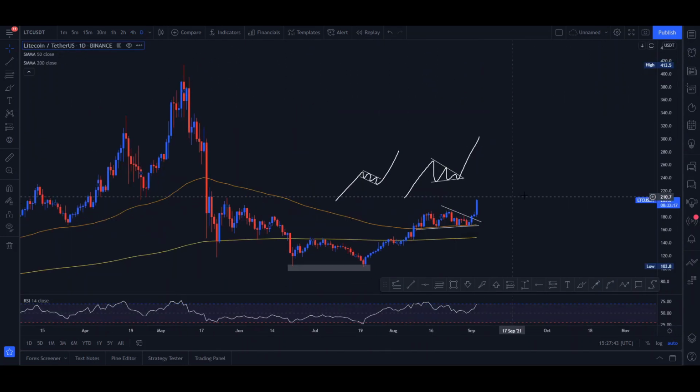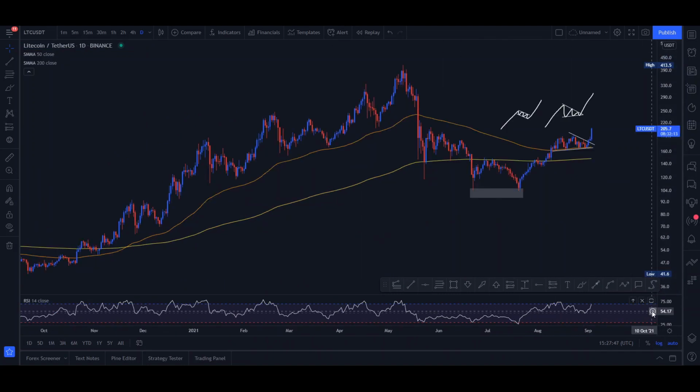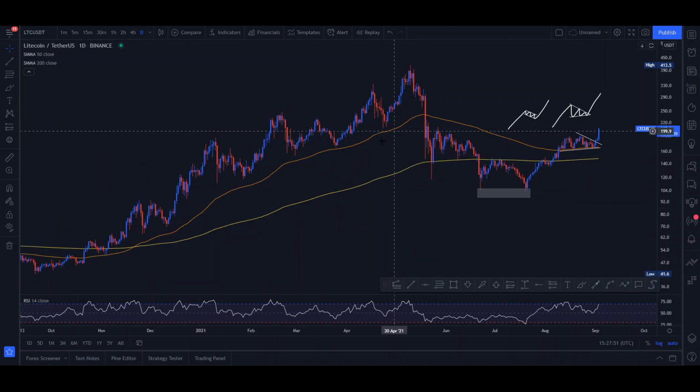Now pay attention also to the 50 period moving average line, which is this orange line right here. As you can see, it's been below the price, somewhat acting as a level of support. We didn't quite reach it at times, but as you can see right here, right here, right here, at a lot of points it actually acted as a support for the price.